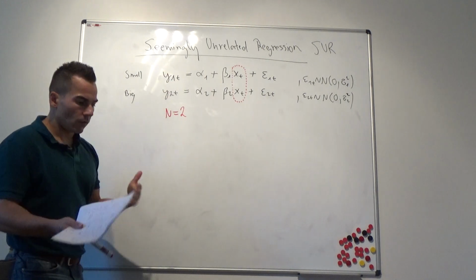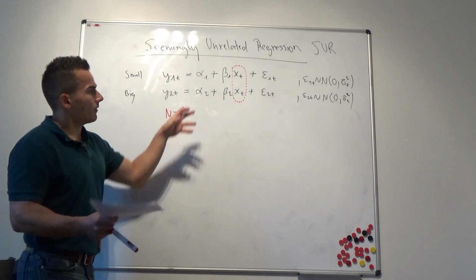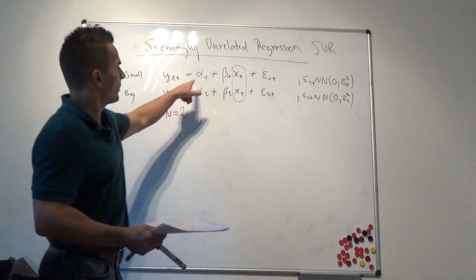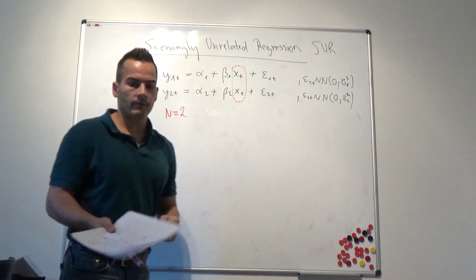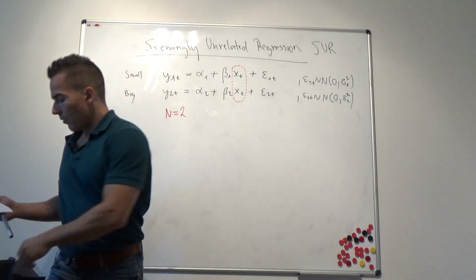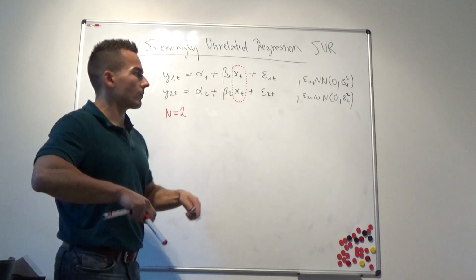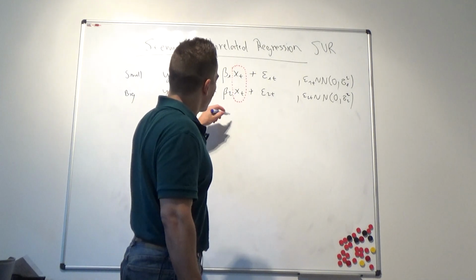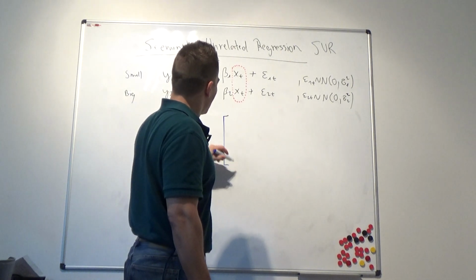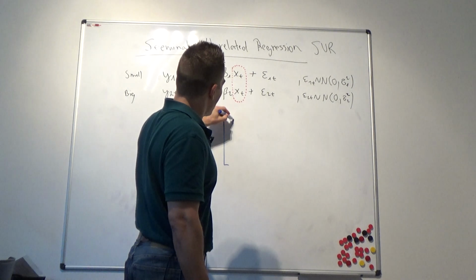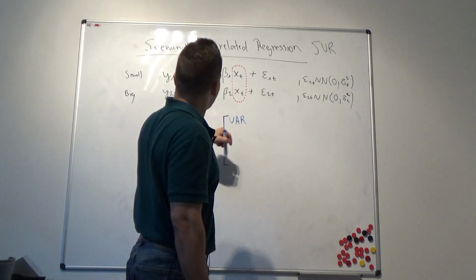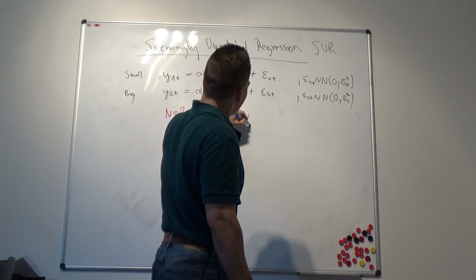So obviously the covariance matrix, we have here obviously 1, 2, 3, 4 parameters in this model. So our parameter covariance matrix looks now like this. So we have the variance of our alpha 1.